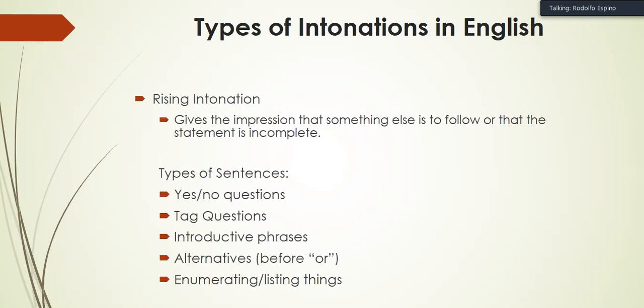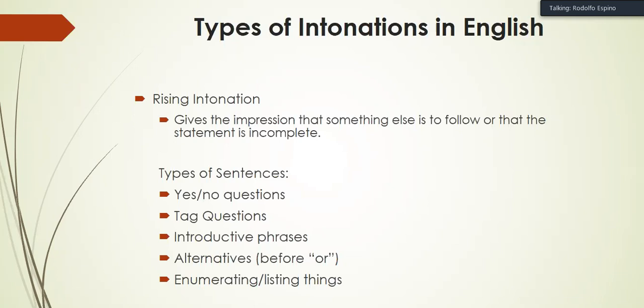And then enumerating or listing things. It means when you start saying things, like numbering things, like for example, what's your favorite food? Well, I like pizza, right? The intonation keeps up. Pizza, salad, you know, and then the one that you say at the end, you drop the voice.